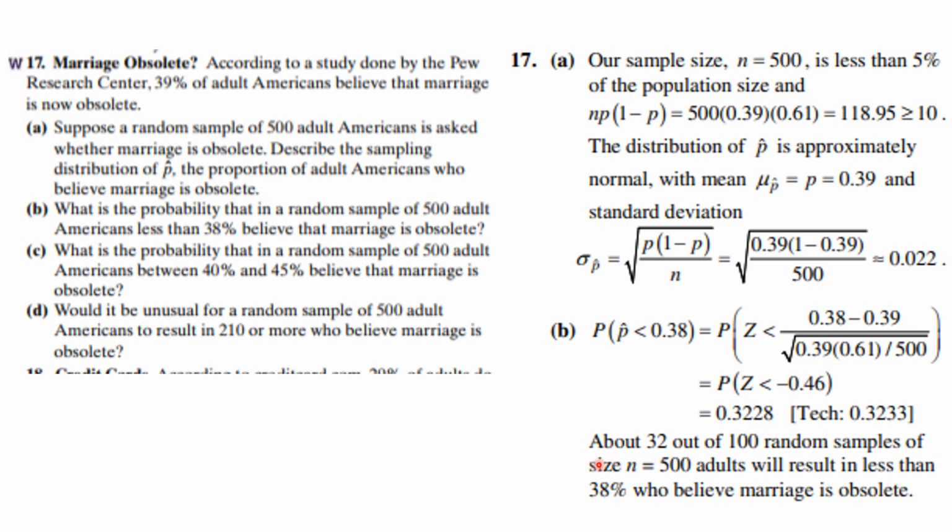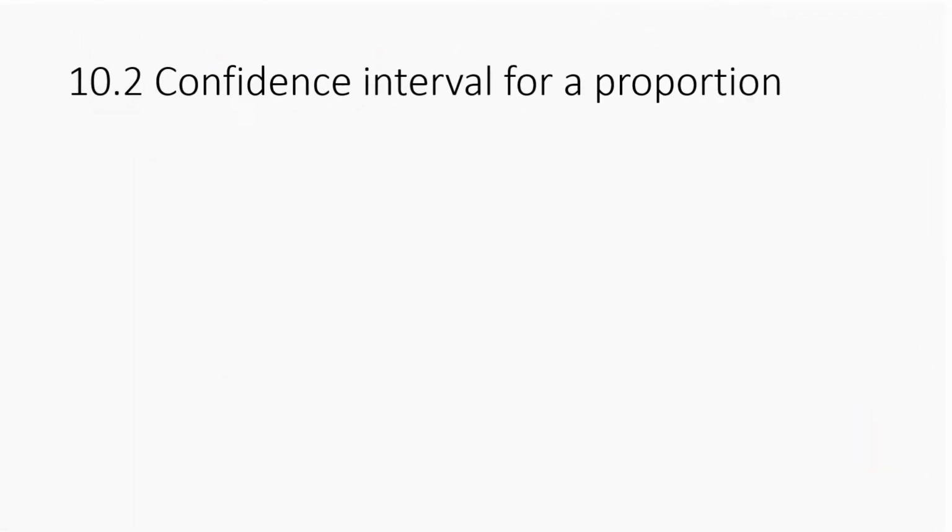So about 32 out of 100 random samples will result in less than 38% who believe marriage is obsolete. And we could do the other parts of the problem too. I don't think I put those here.